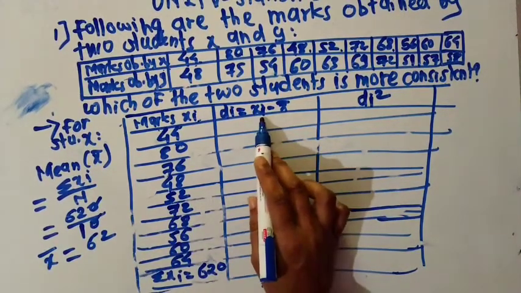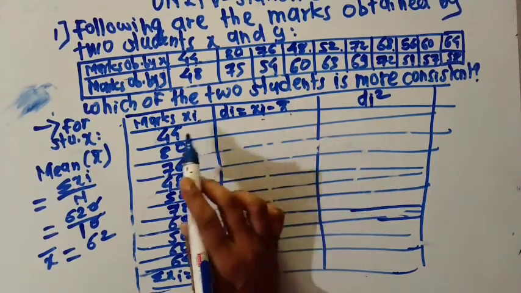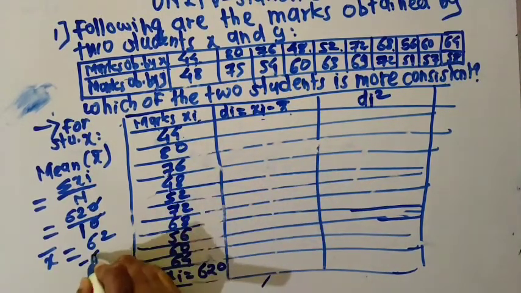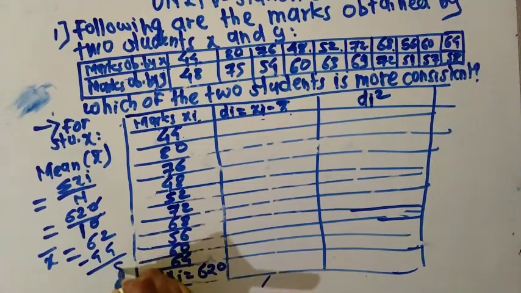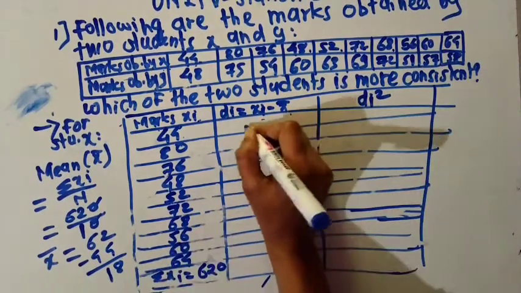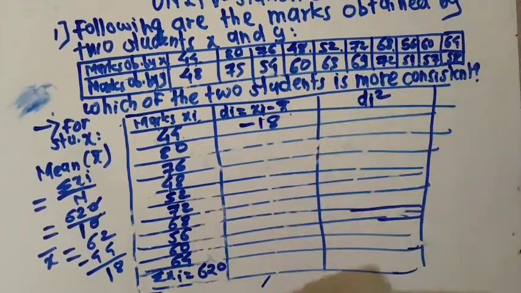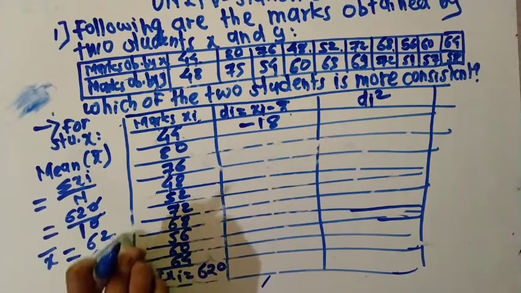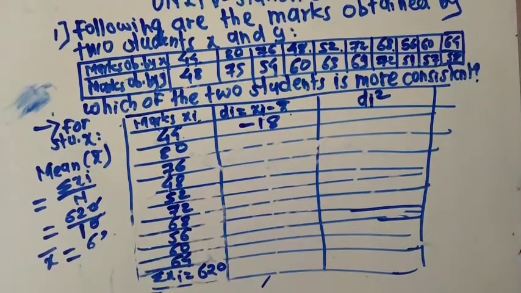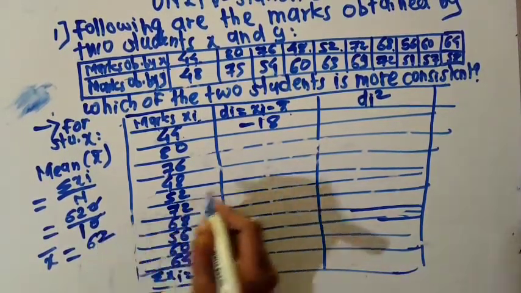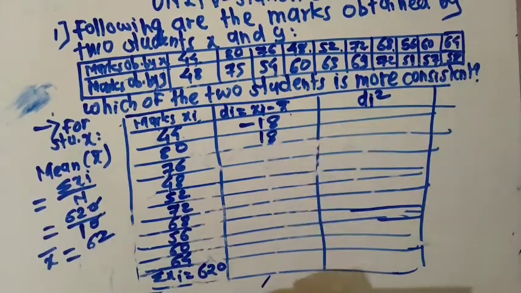Then find out xi minus x bar: 44 minus 62 is minus 18. Then 80 minus 62 is plus 18.